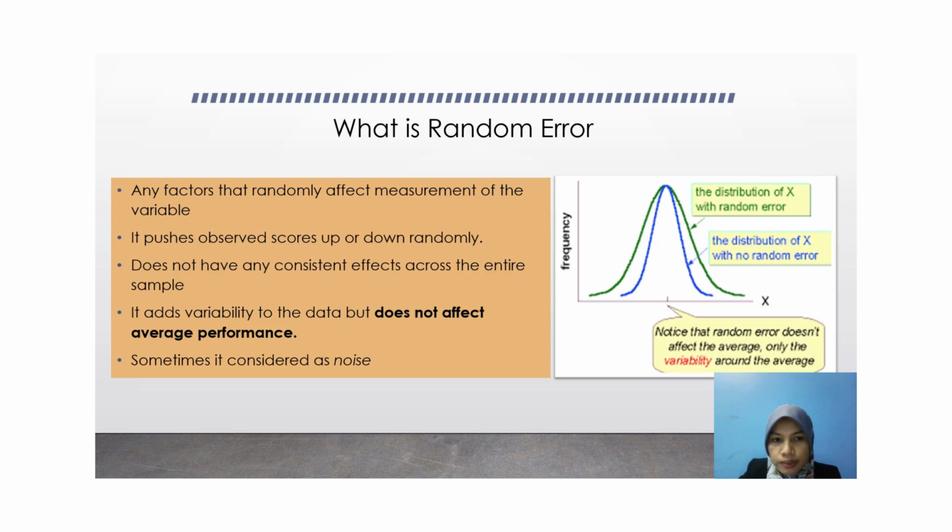It pushes observed scores up or down randomly. Random error does not have any consistent effect across the entire sample. It adds variability to data but does not affect average performance. Sometimes it is considered as noise.